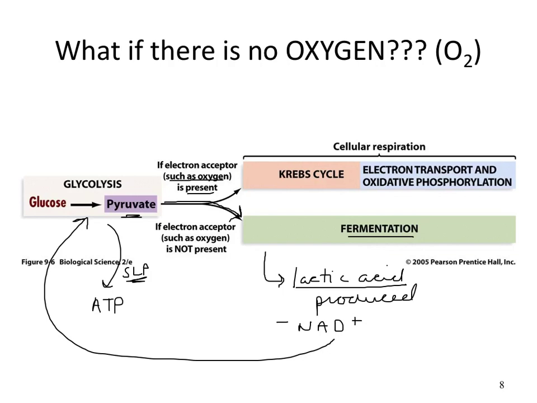But in either case, you take the pyruvate, you convert it into a small organic molecule. That results in the regeneration or production of NAD+, which then cycles back into glycolysis, allowing glycolysis to continue running. And if glycolysis continues running, then you continue making ATP by substrate level phosphorylation, which gets the cell some energy.